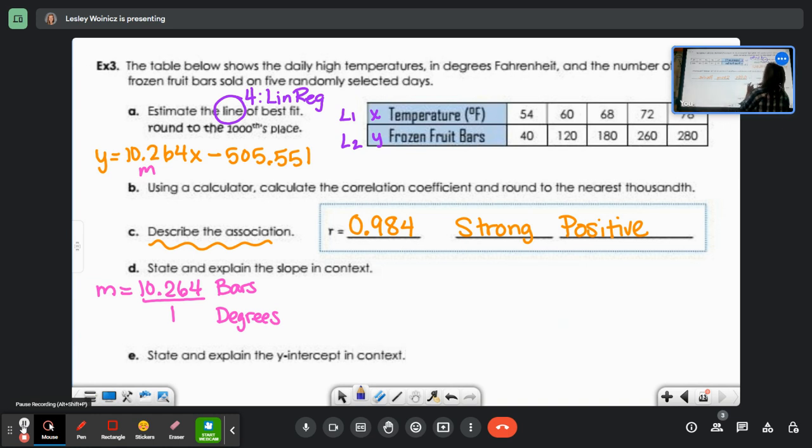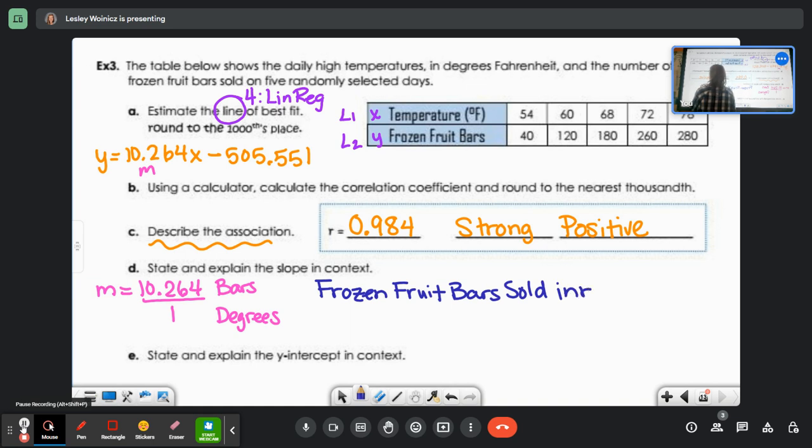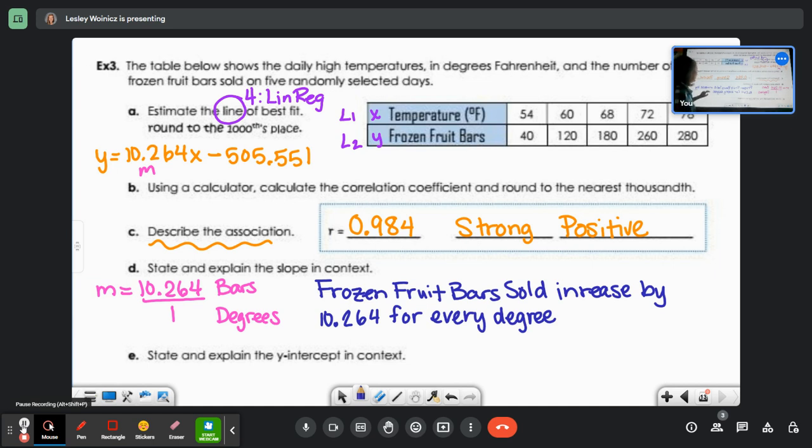Okay, so frozen fruit bars sold increases by 10.264 for every degree the temperature rises.